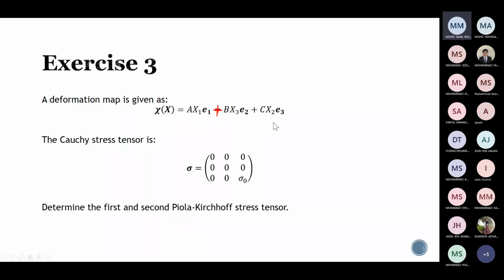You can determine the deformation gradient by differentiating this. So you get A, 0, 0. Okay, so I think this is the deformation gradient.